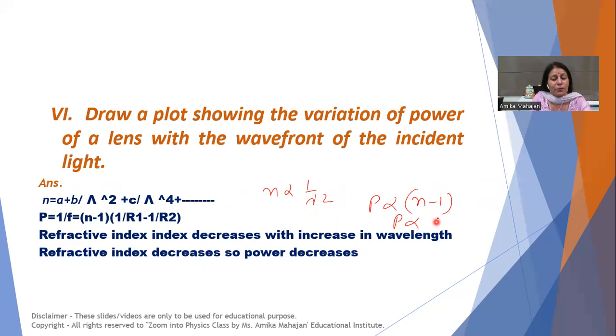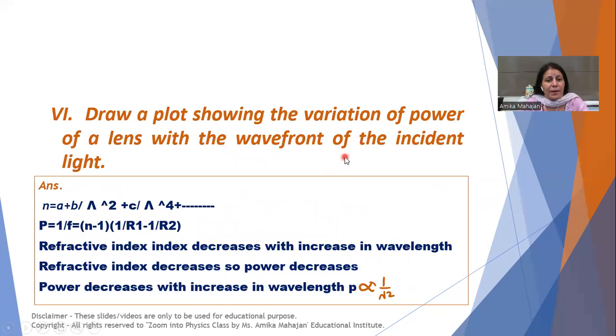So P will also be nearly proportional to 1 by lambda square. So what will be the shape? The shape of graph between P versus lambda will be exponential. P versus lambda, this will be the shape of graph.